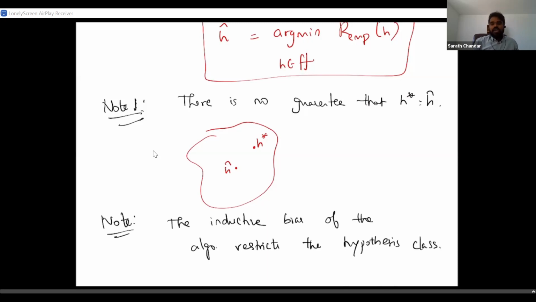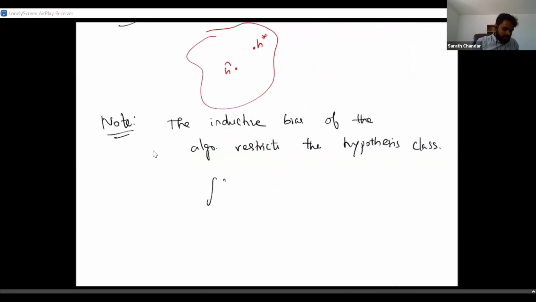Okay, so even though the true hypothesis class H has all possible hypotheses, the model or the algorithm that you're going to select is going to restrict the type of solutions or the hypotheses. Okay, so let's call the original hypothesis class H. This is the original hypothesis class.